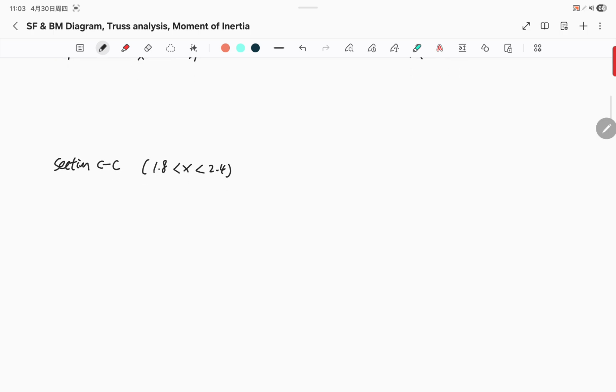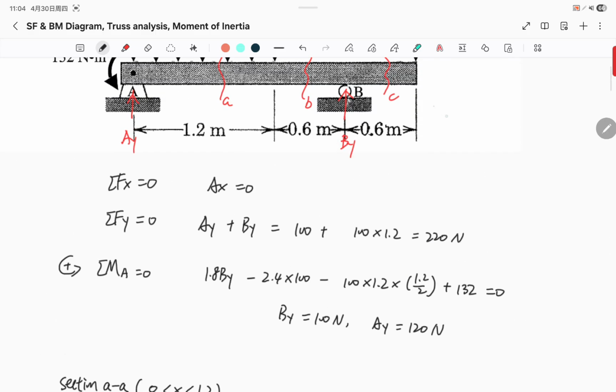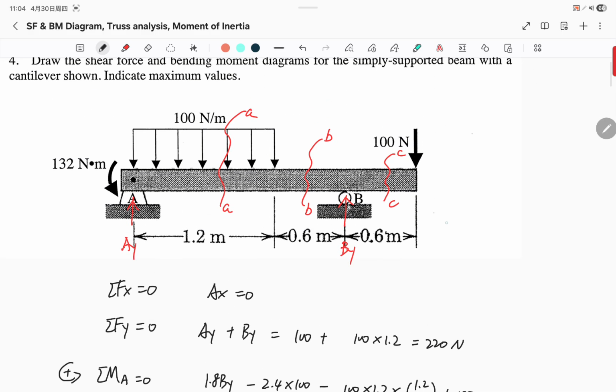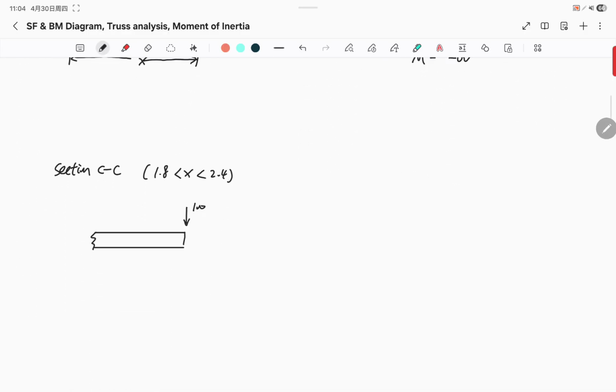But this time we're going to draw the free body diagram a bit differently. We're going to draw the arrows V and M on the left hand side. So here we have a downward 100 Newton force.